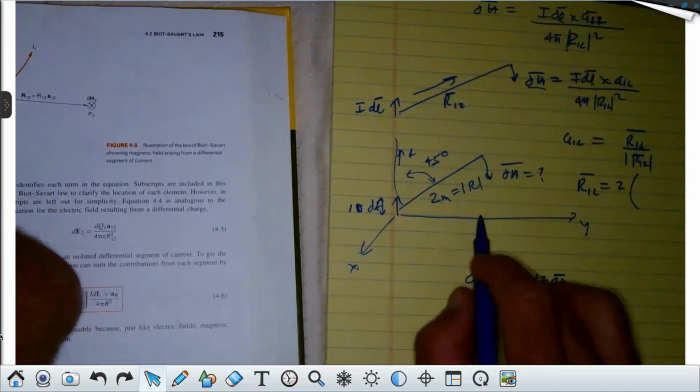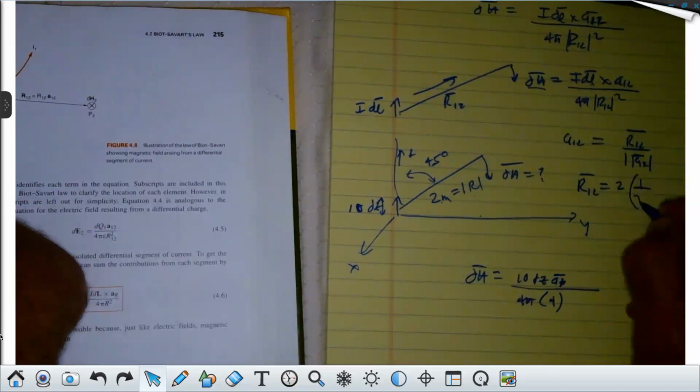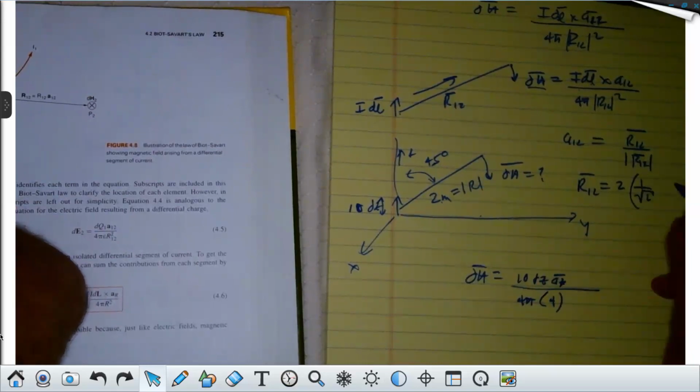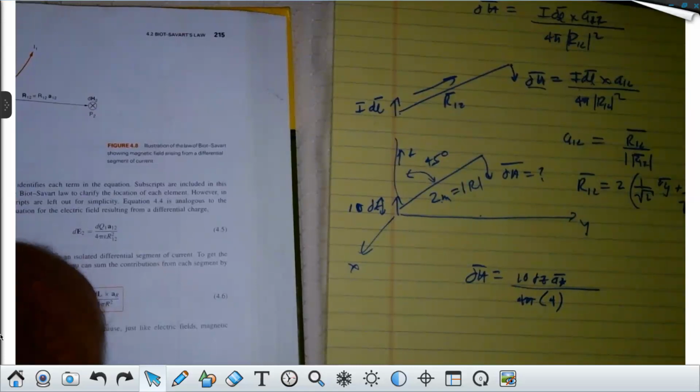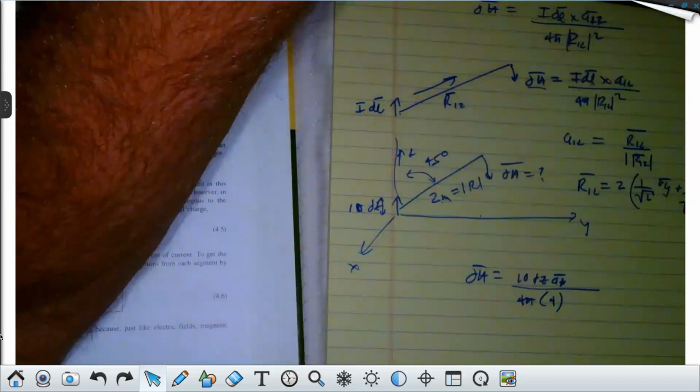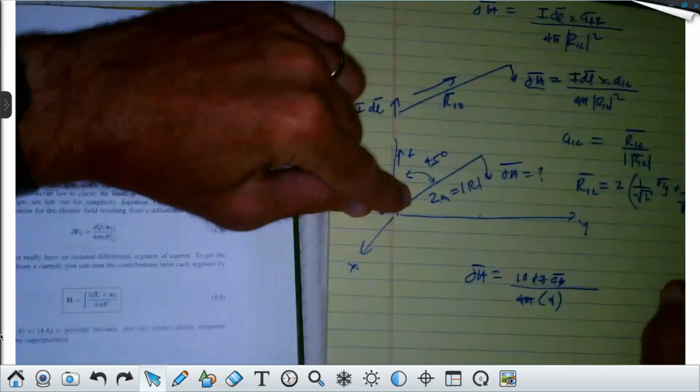The cosine and sine happen to be the same at 45. So it's 1 over the square root of 2 times AY plus 1 over the square root of 2 AZ. Can you all follow me that that would be vector R, class? Give me a show of hands if you can. If I said it's in the YZ plane, this has to be vector R.